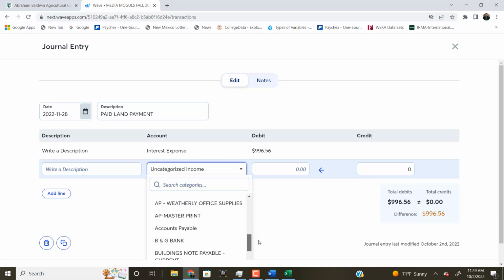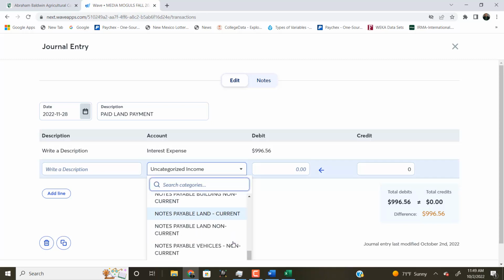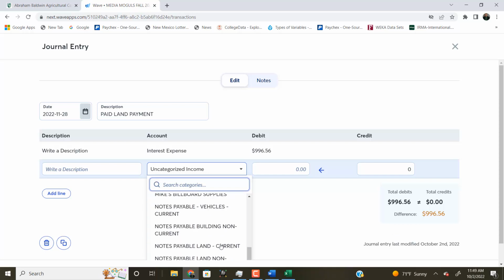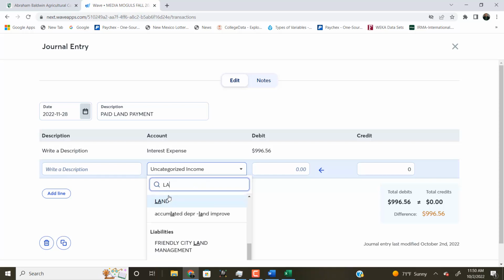So again, we have to be in the liability side. And we're looking for land note payable, non-current. Oops. Well, maybe I started it out with notes.